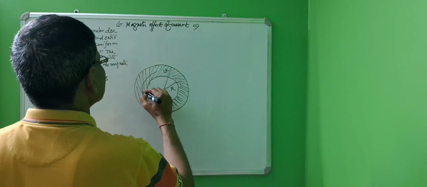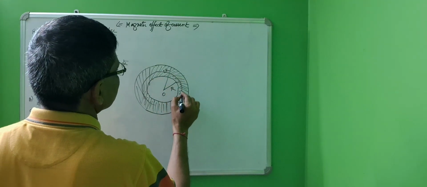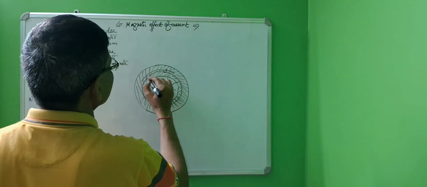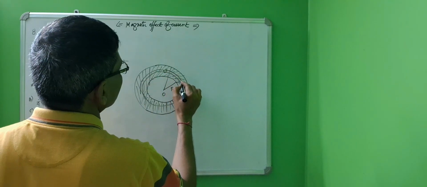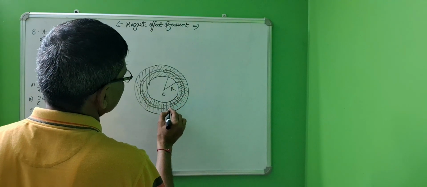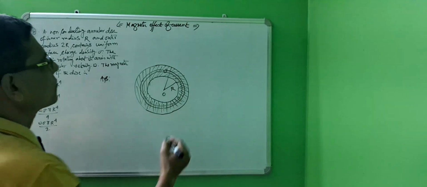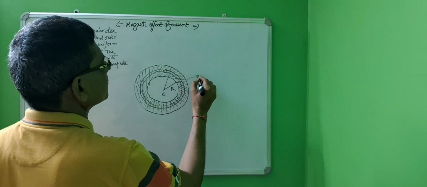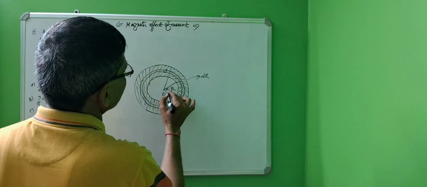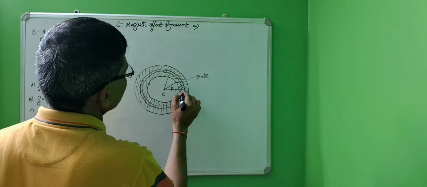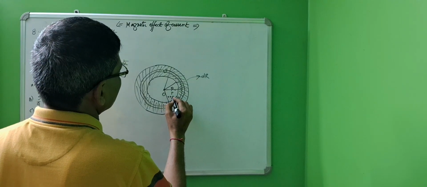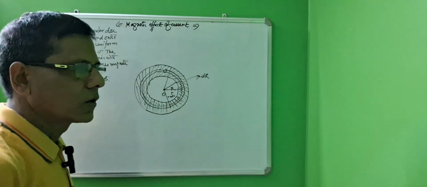Suppose here an annular section is taken, with width dr. This inner radius is r, and this outer one is r plus dr.